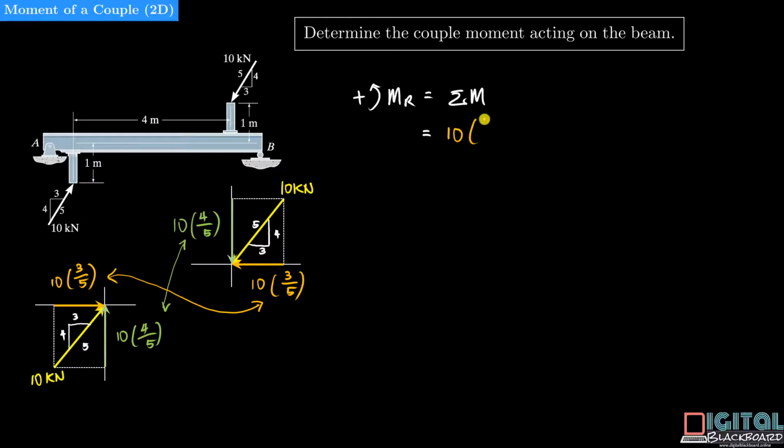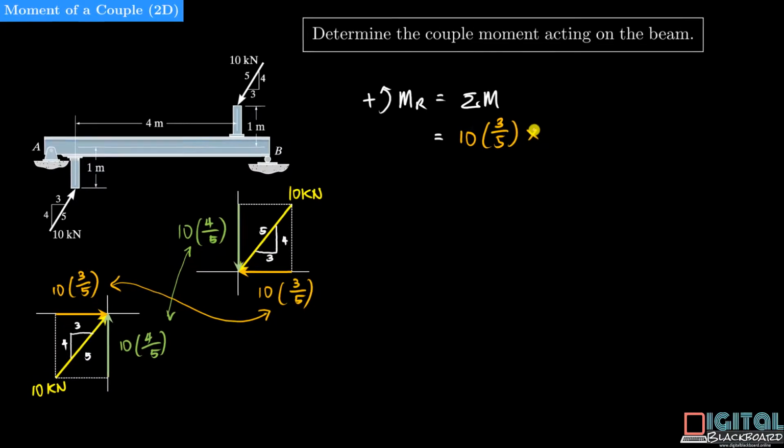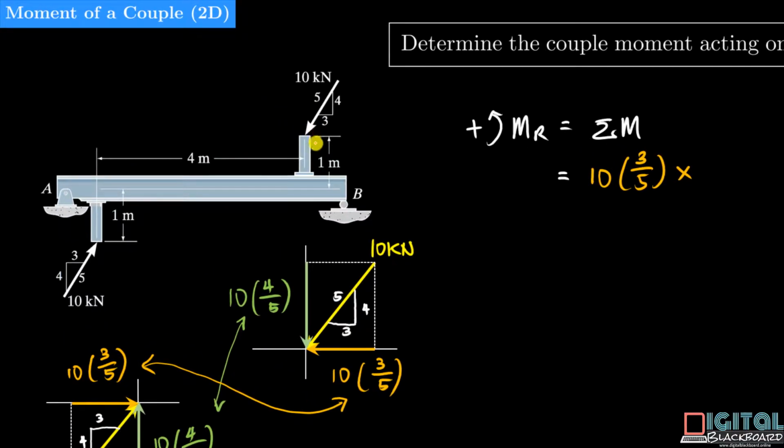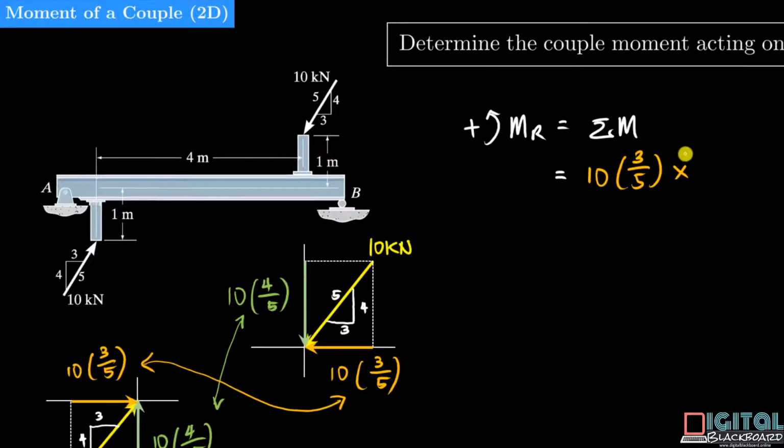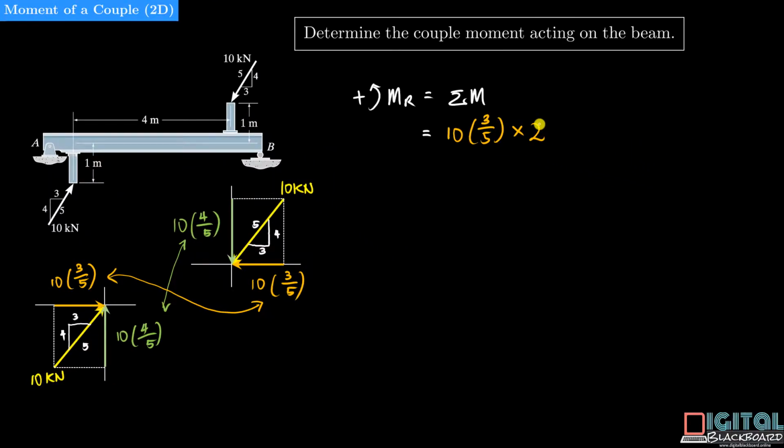We have the magnitude of the force times 3/5 multiplied by the perpendicular distance between the two, which, if you were to look at the figure, the perpendicular distance between the horizontal components is simply 1 meter plus 1 meter. So it's multiplied by 2. And not forgetting that this couple moment is actually positive because it rotates in an anti-clockwise direction.